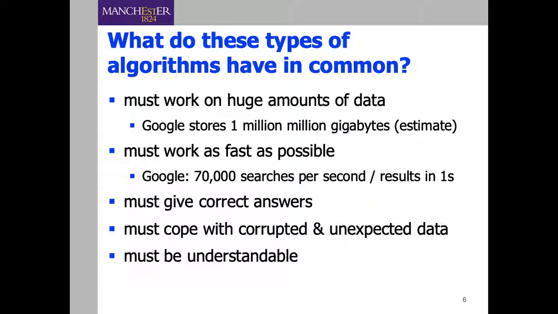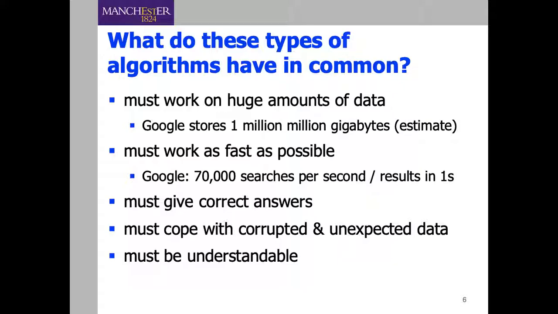And algorithms have to work with all this huge amount of data, and they also have to be able to do that quite quickly. And in fact, it's stronger than that, isn't it? It has to be as fast as possible. Google, it's been calculated, gets about 70,000 searches every second, and it's able to return results usually in under a second or about that.